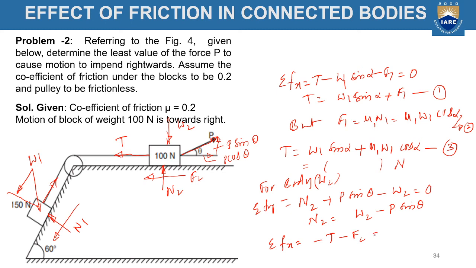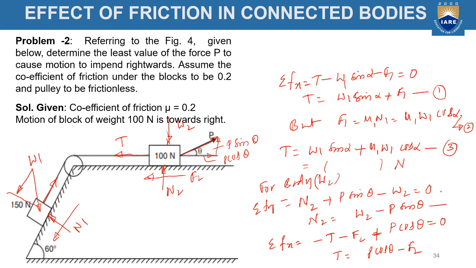It should be balanced with the right side force P cos theta, and it should be equal to 0. From these relations we get T is equal to P cos theta minus F2.